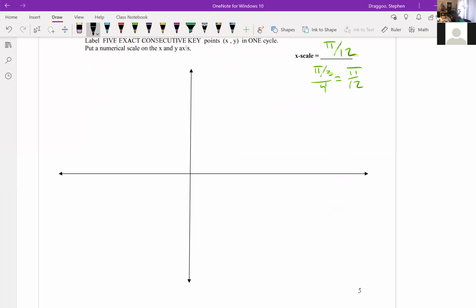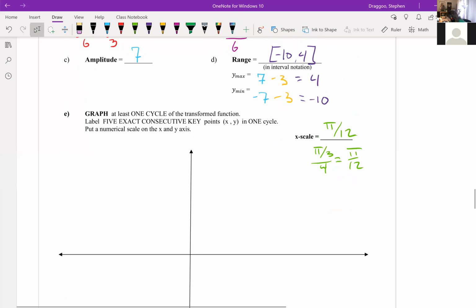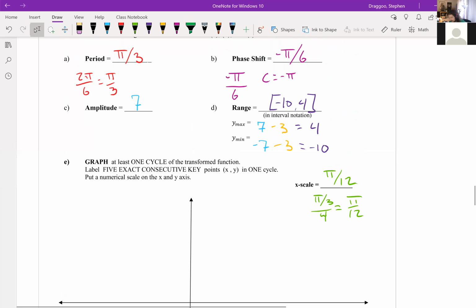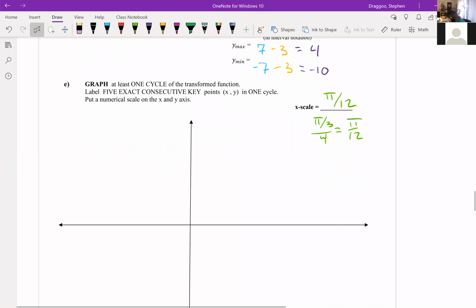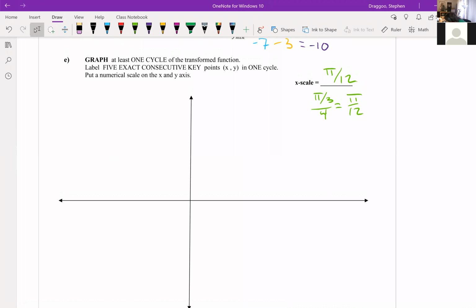So come back up and grab our phase shift real quick. It's negative pi over 6. So we're going to move over to the left and have negative 2 pi over 12, since that's pi over 6. Pretty sure I've been marking that in magenta.